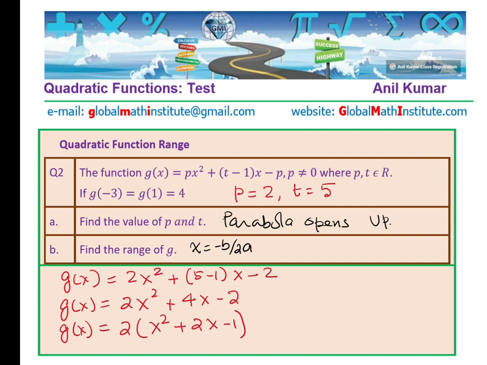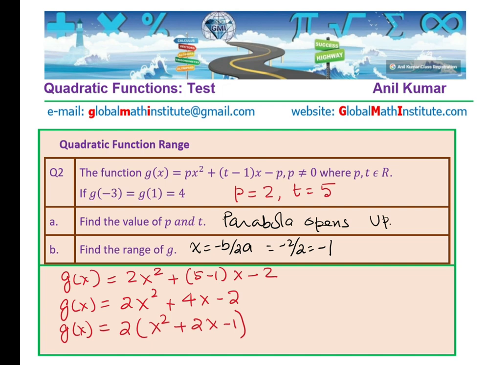So that gives us b being 2 for us, right? So minus 2 by 2 gives you minus 1. So x value of minus 1 is going to give us the minimum, correct?